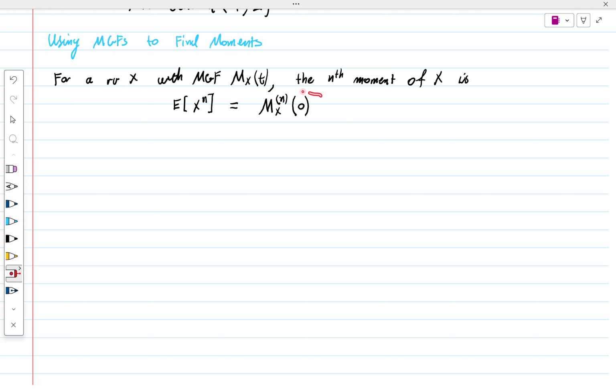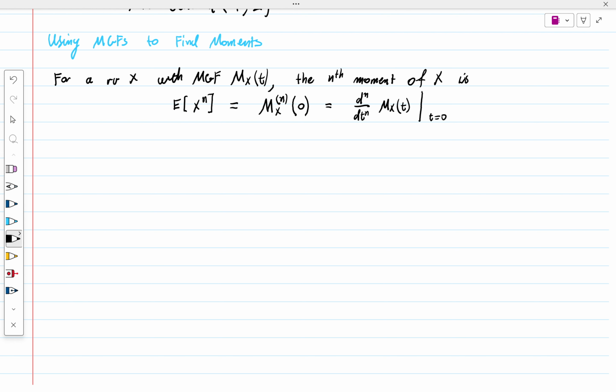This is the notation, but in case it's a little bit unclear to you, this is what we're defining as the nth derivative of M_X(t) evaluated at t equal to 0. That will be our moment generating function.